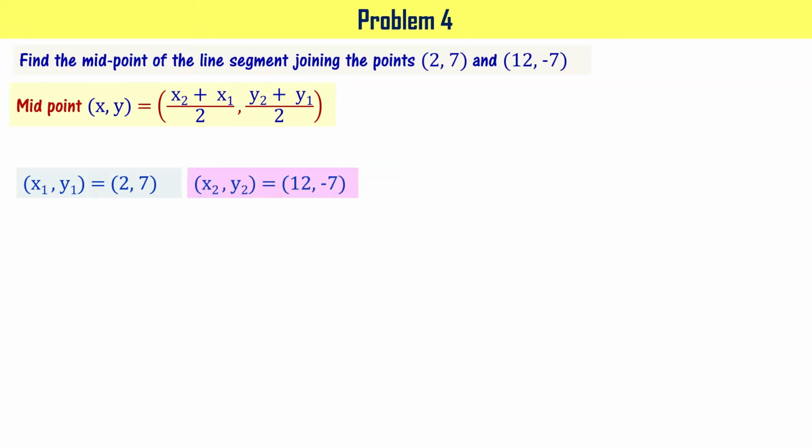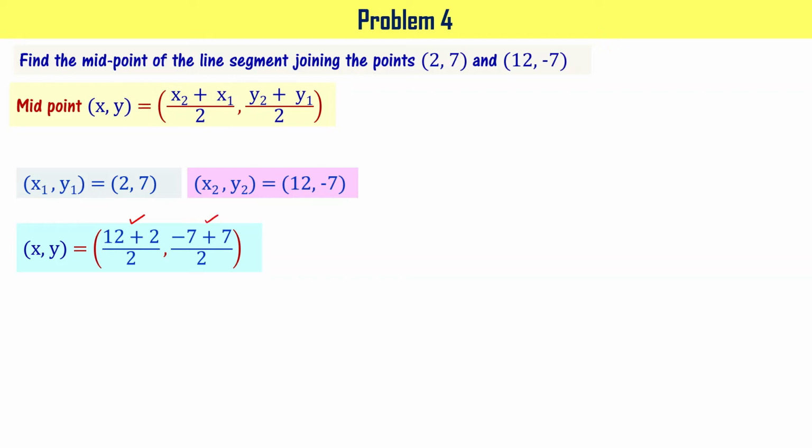Let's substitute these values into the midpoint formula such that we can say midpoint (x, y) equals ((12 + 2)/2, (−7 + 7)/2), right?